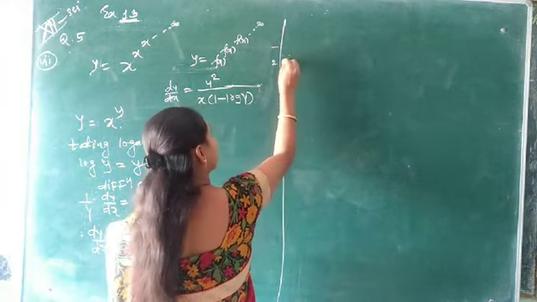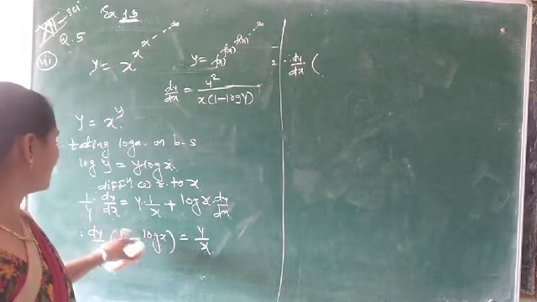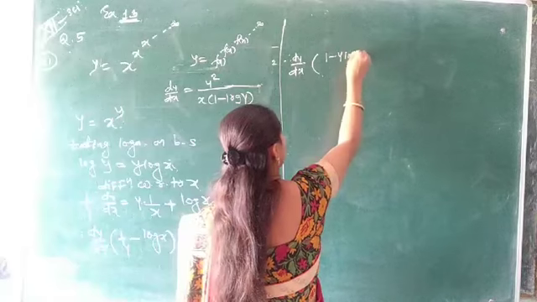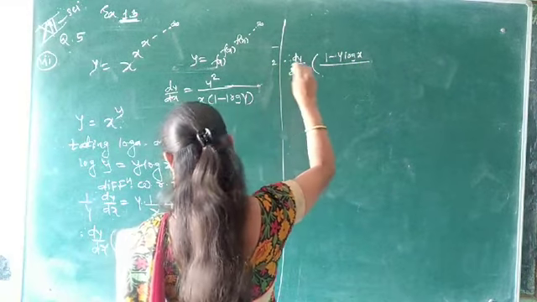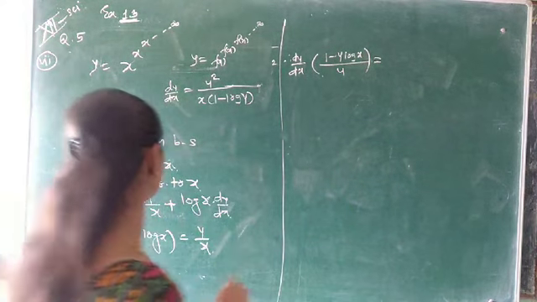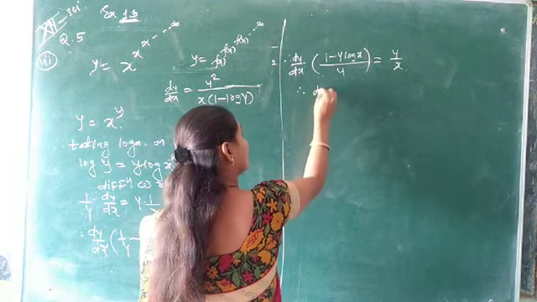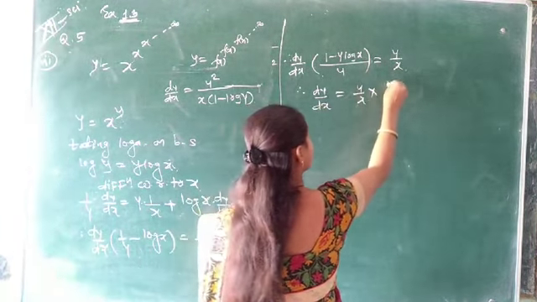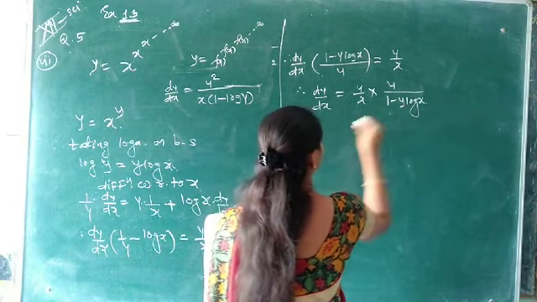Therefore, dy upon dx into, in the bracket, 1 into 1, that is 1, minus y log x, divided by y, is equal to y upon x as it is. Therefore, dy upon dx is equal to y upon x as it is, into y upon 1 minus y log x.